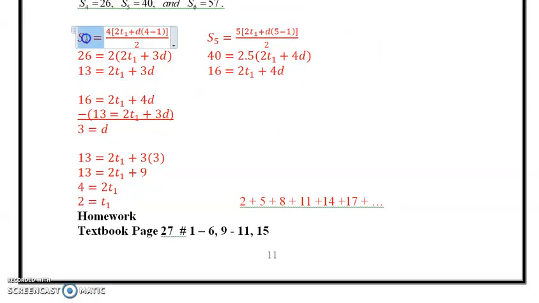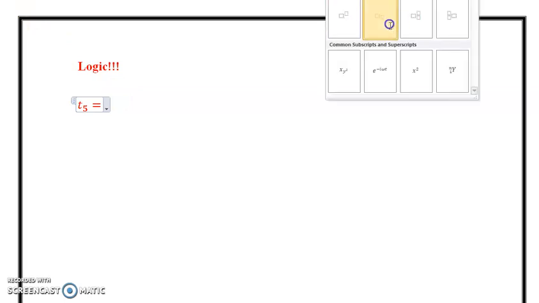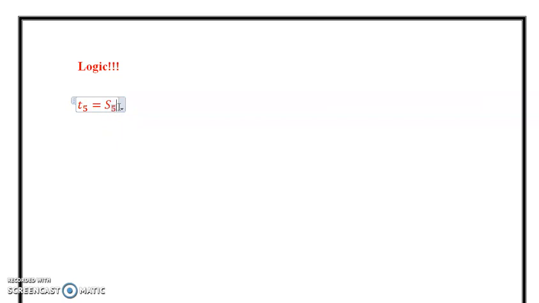If I'm looking for the 5th term, all I need to do is take the sum of the first 5 terms, subtract the sum of the first 4 terms, and that will give me the difference, which actually is the 5th term.